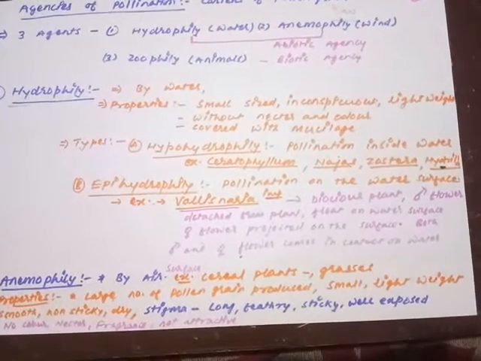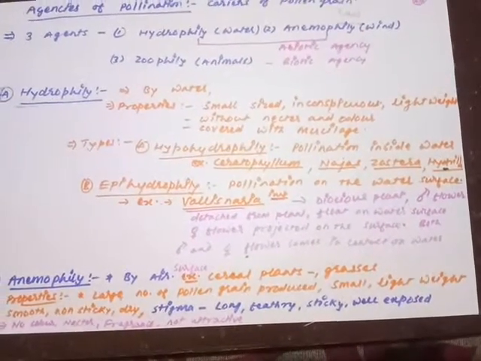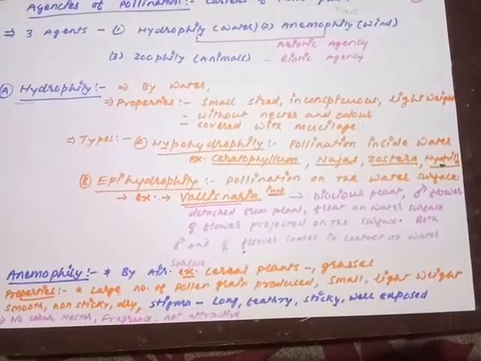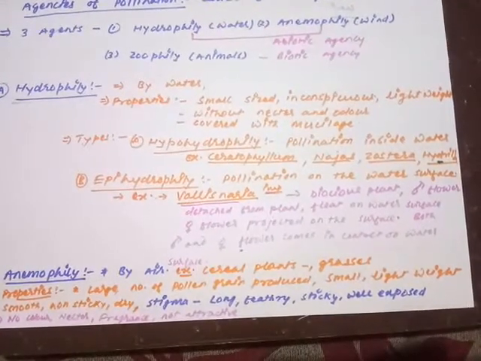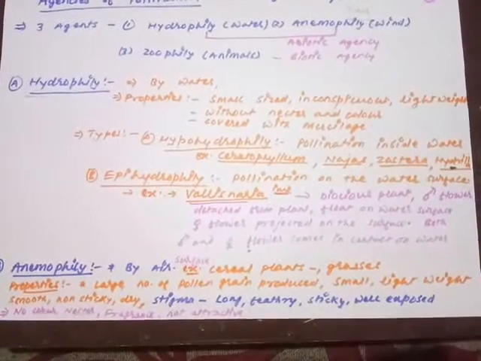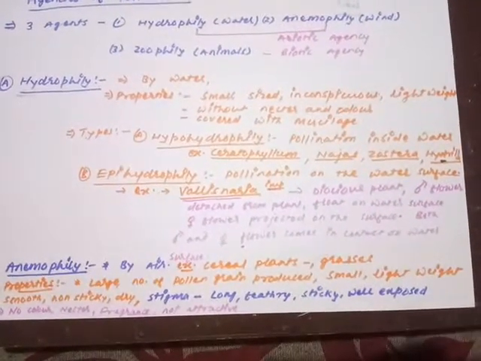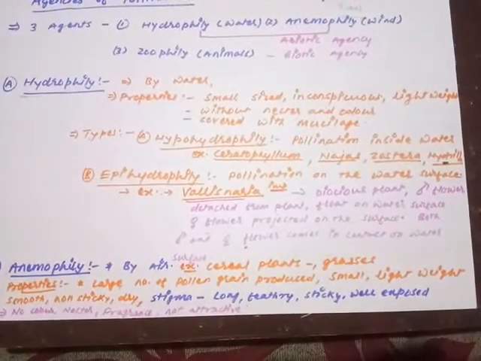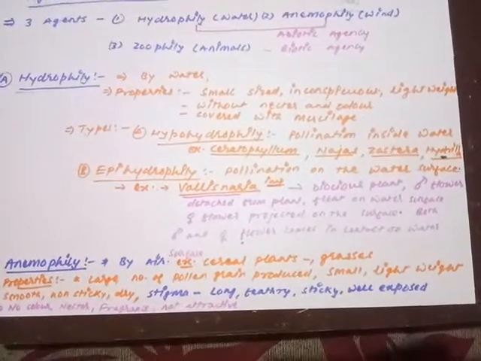Third, they are covered with mucilage so that they cannot be spoiled by the reaction with water. Two types of pollination are there in the category of hydrophily. One is hypohydrophily, pollination inside the water. Epihydrophily is pollination on the surface of water. The important example for that is Vallisneria.